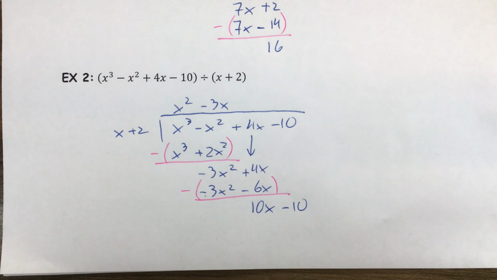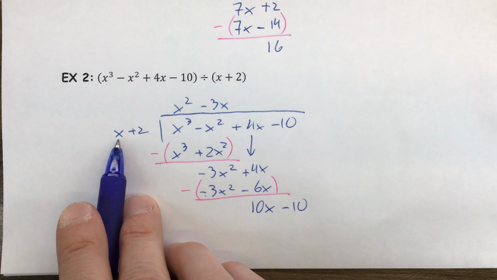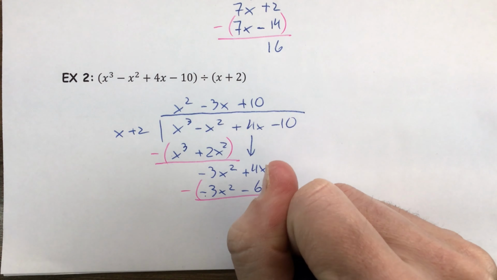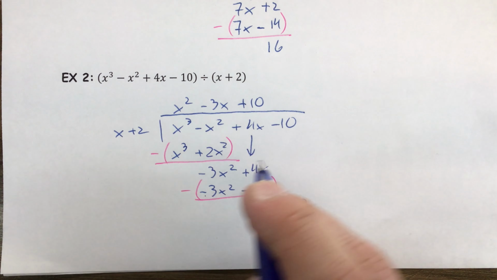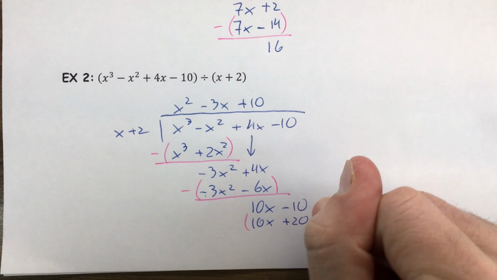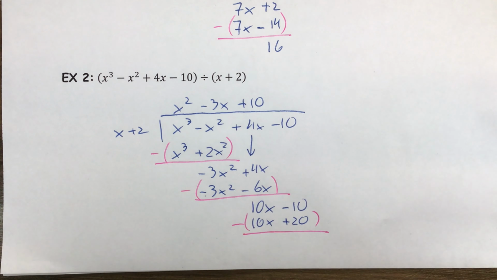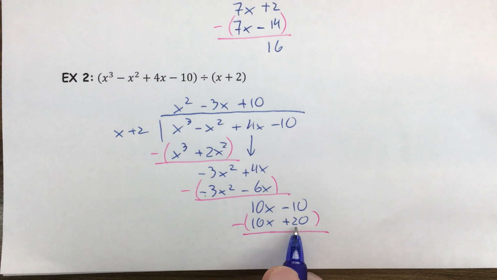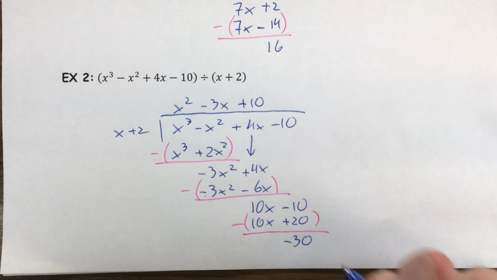Repeat the process. We're going to multiply x by 10 to get 10x. So we do that. And multiply here to get 20. Parentheses, separate, cancels, distributes, you get negative 20, you get negative 30.